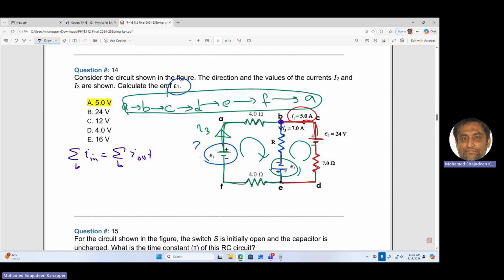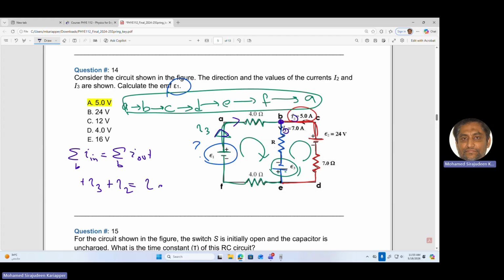So imagine you are standing at the junction B and looking at the current. I3, I choose it going like that, right? I3 is coming in, so plus I3, and I2 also coming in. I3 is going out. Oops, I'm sorry, I'm confusing the label.